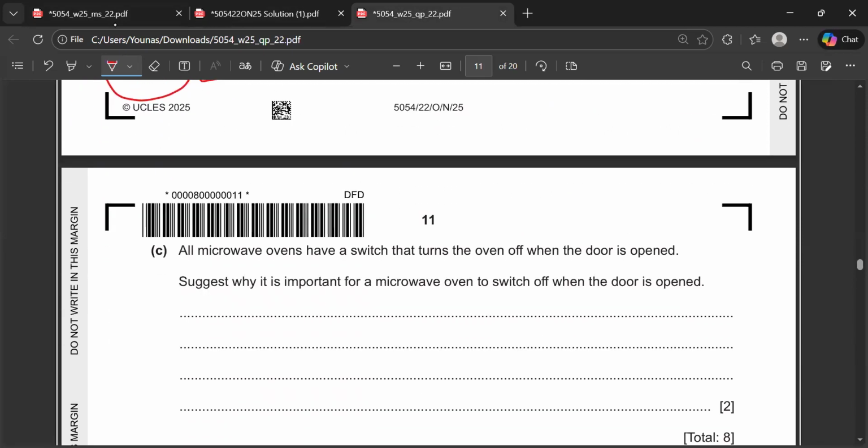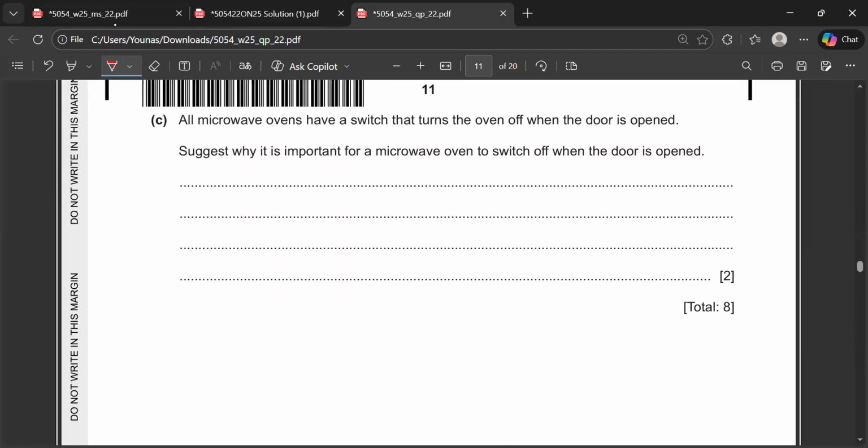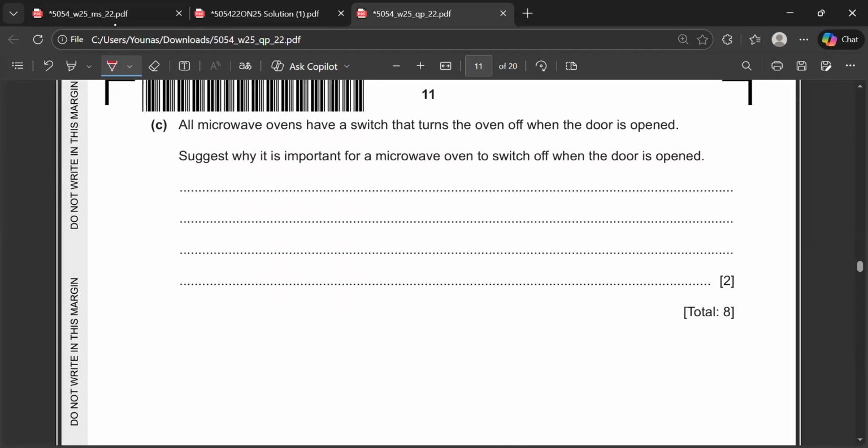Okay, here we go. Question number 5 and its C part. He says all microwave ovens have a switch that turns the oven off when the door is open. So that's why it is important for a microwave oven to switch off when the door is open.